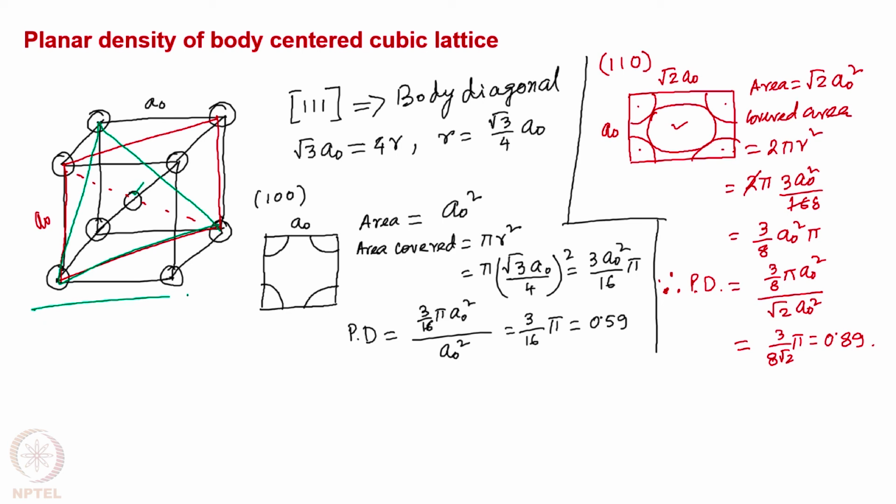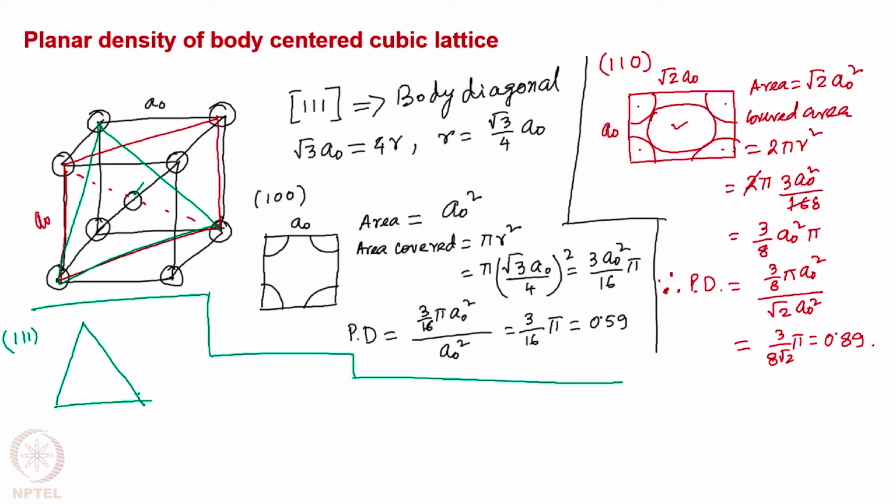The 111 plane, which is a triangular plane, should look like this, where we have 3 corners occupied by the atoms and every side is root 2 a0.